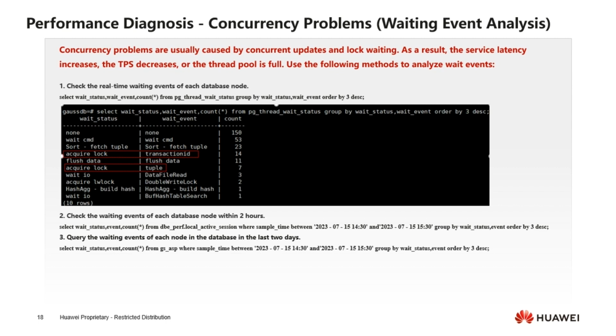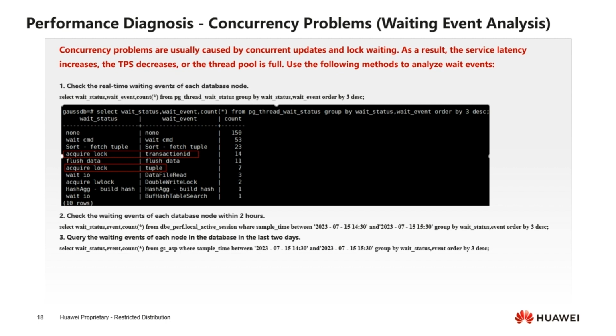V1. We can check the real-time events via the view called pg_thread_wait_status. We focus on the log-related events. V2. This view called local_active_session gives us information like the wait event, lock, and the execution state. It samples the executing query once per second.